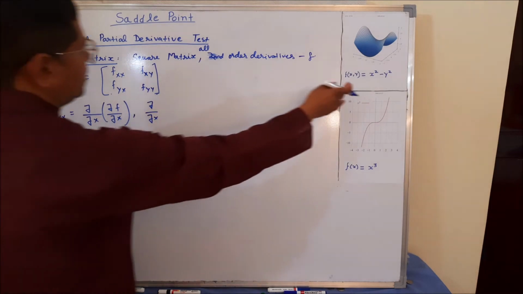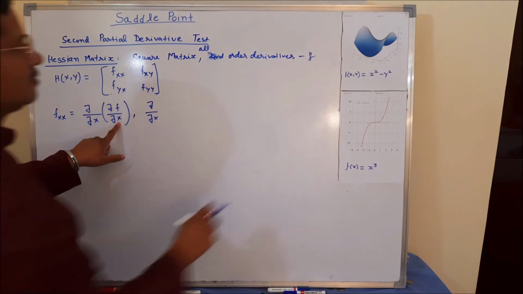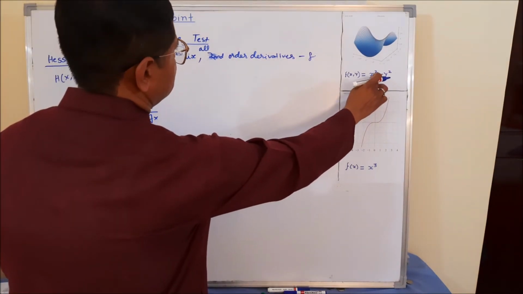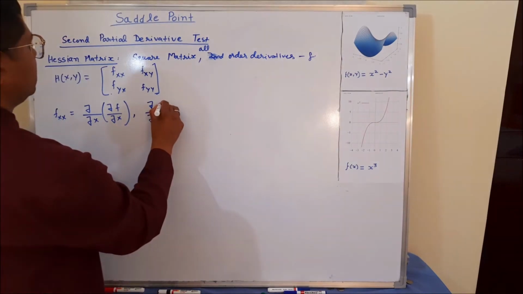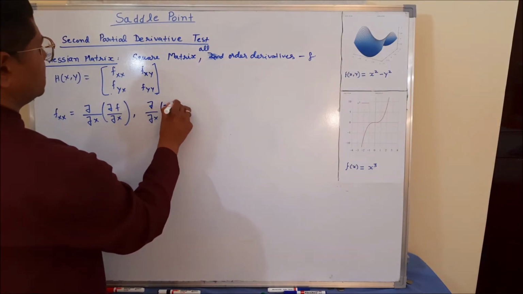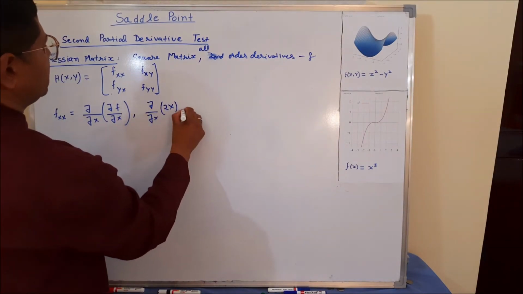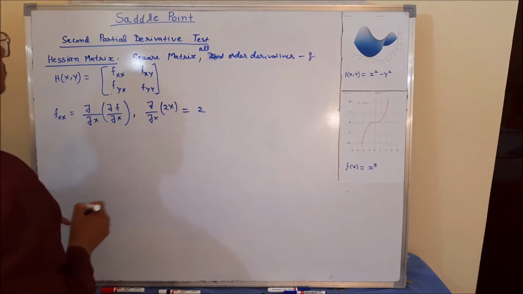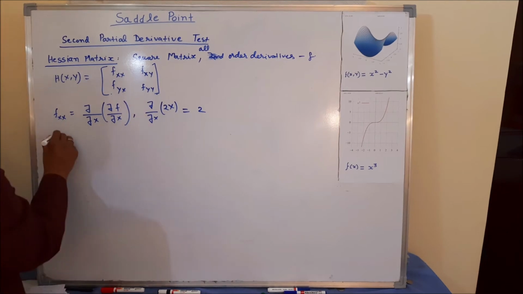When we take the first order partial derivative with respect to x, the y part will be a constant, so we take this derivative only, and it will be 2x. Again when we take the derivative, the output will be 2. Similarly, fyy.